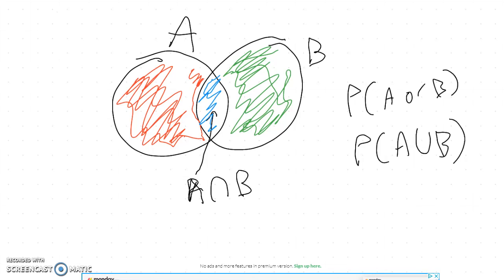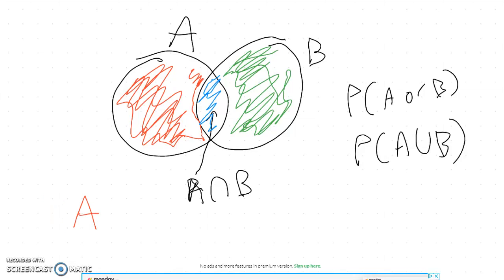The orange area is this whole area A minus this little blue area. In other words, it would be the probability of A minus, in fact, let's make that a little bit simpler. Let's not even worry about bringing in all the probabilities right at the beginning. We can make that even simpler.